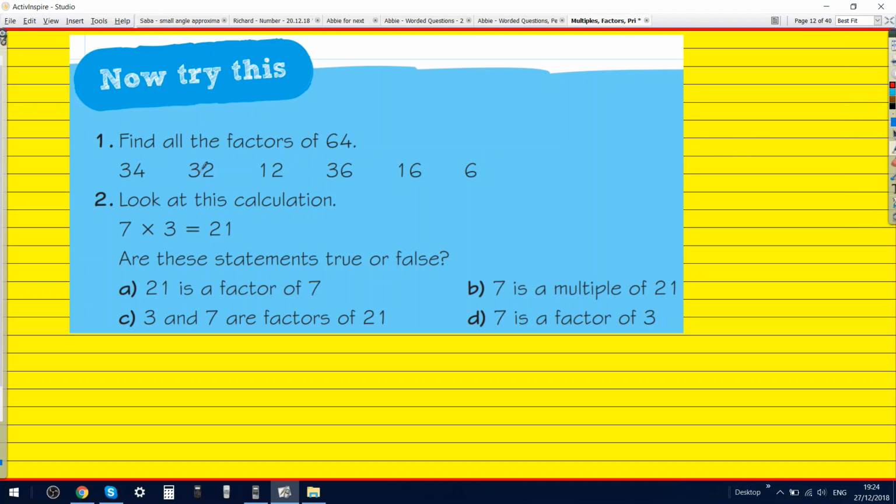So put a circle around the factors of 64. Okay. I think maybe 6 and 16.